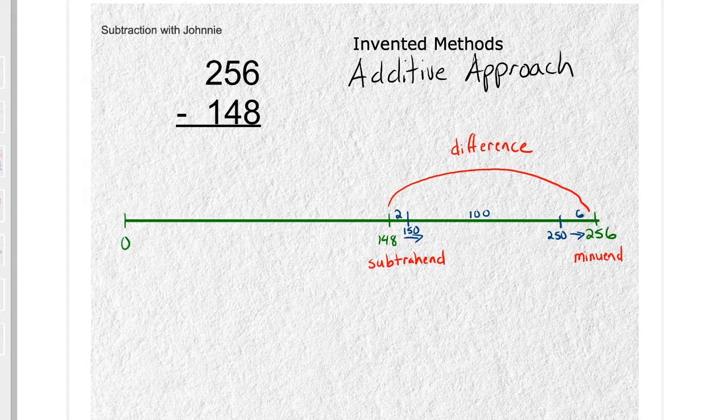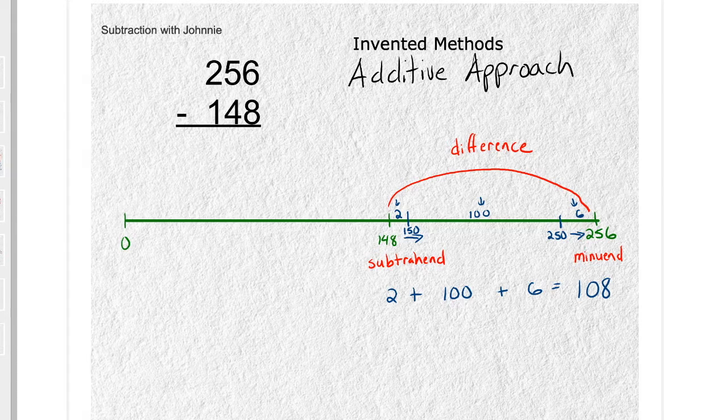So the space between is 2 and 100 more and 6 more. So the difference between 256 and 148 is 2 plus 100 plus 6. And when we add that all together, we get our 108.